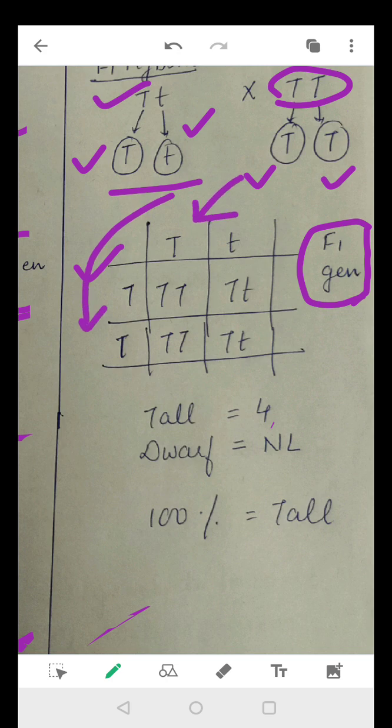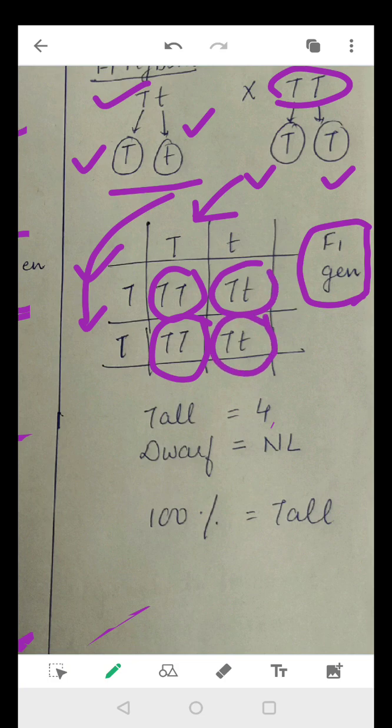So capital T, small t, capital T. So here you see the combinations: capital T, capital T. Again the same combination. Here there is capital T, small t. Here it is capital T, small t. Okay. Now if we see, the phenotype of all the plants is tall.